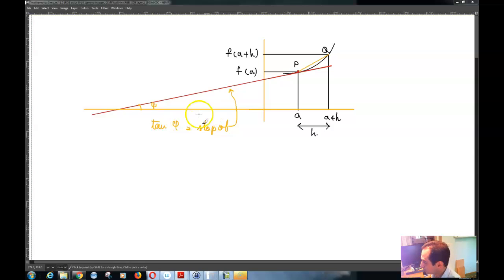And we had already found out that the derivative of the function at point A was equal to the limit of f of A plus H minus f of A over H as H tends to 0.